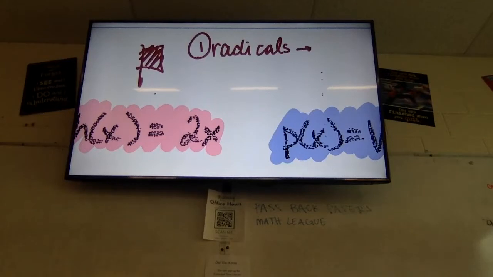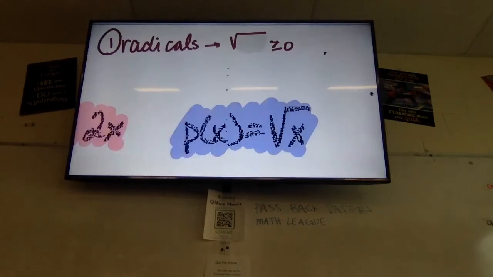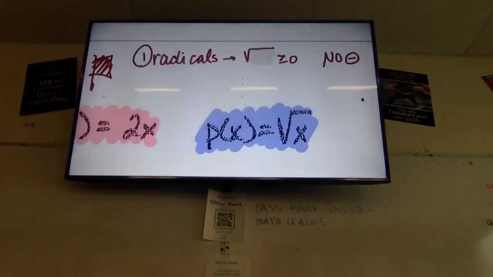Ava? No negatives. Whatever is under the radical must be greater than or equal to 0. So no negatives. Okay, that's my first red flag. We remember that?